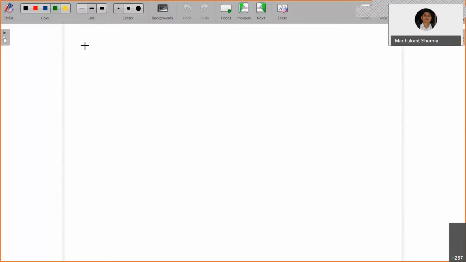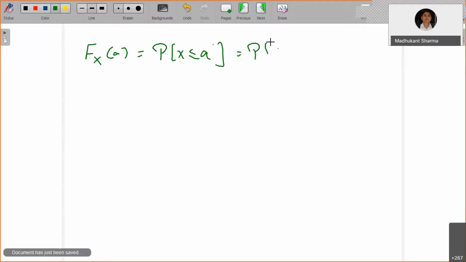Now if I'm interested in F_X of a, in the same manner you can go with probability of x less than or equal to a. In the continuous case, when you have an integral, whether you include the point equal to or not doesn't matter because of the continuity of the integral. So x less than or equal to a is equal to probability of x less than or equal to a and y less than infinity.